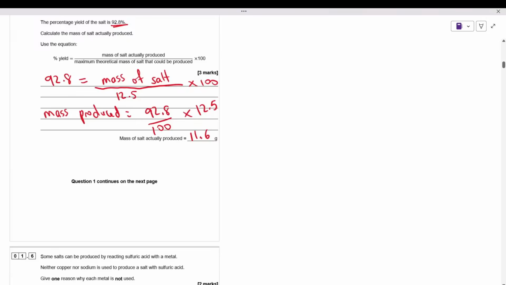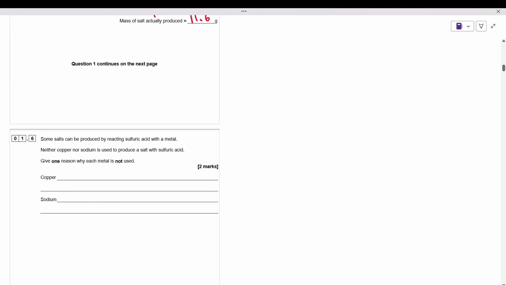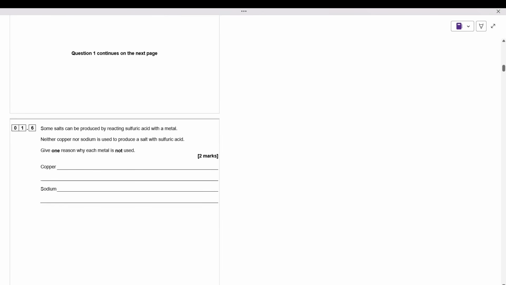Okay. Now, question 1.6. Some salts can be produced by reacting sulfuric acid with a metal. Neither copper nor sodium is used to produce a salt with that sulfuric acid. And we're going to give one reason why each of these metals cannot be used.